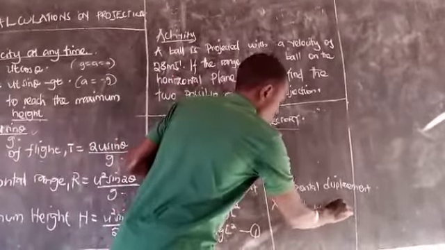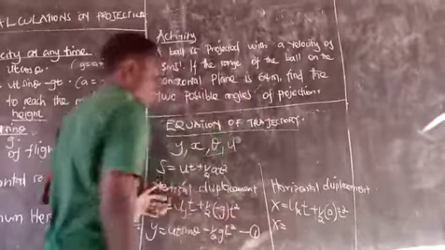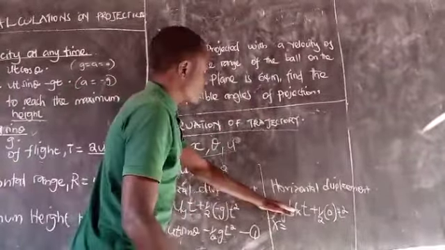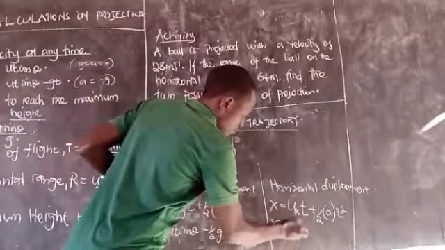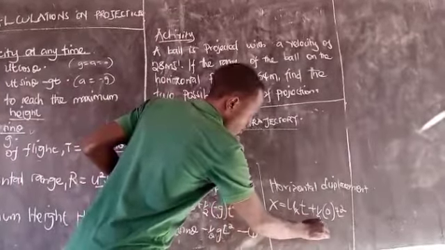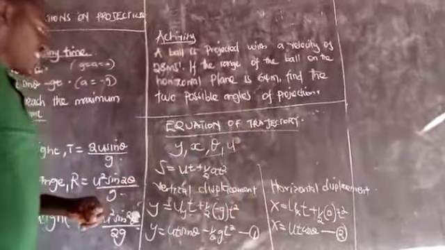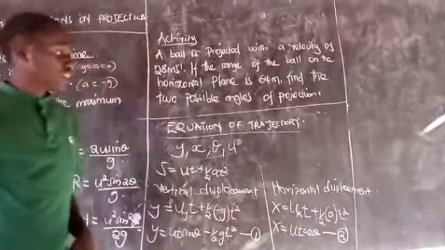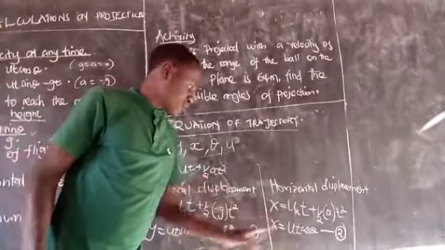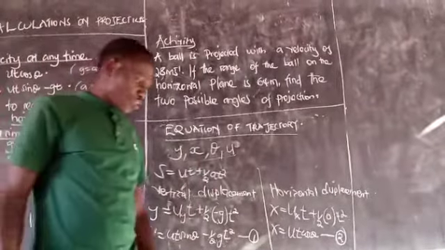The horizontal component after resolving becomes u cos theta, and multiplying by t gives x equals ut cos theta, and that is equation 2. If you eliminate t in both equations 1 and 2 by making t the subject here and substituting it here, what we get is what we call the equation of trajectory.